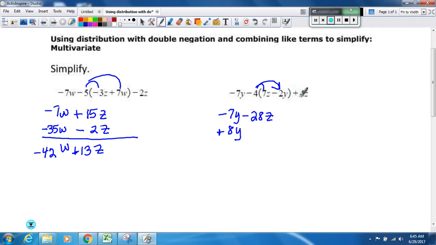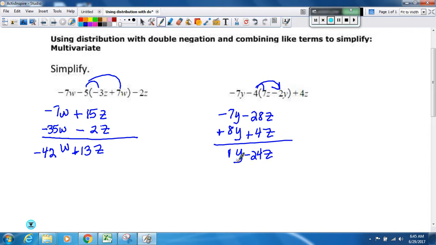And that gets rid of the parentheses, and then this positive 4z has to come down under my z's. So for the y's, negative 7 plus 8, that's like 8 take away 7, so that's just a 1y. And then for my z's, negative 28 plus 4 is a negative 24z.